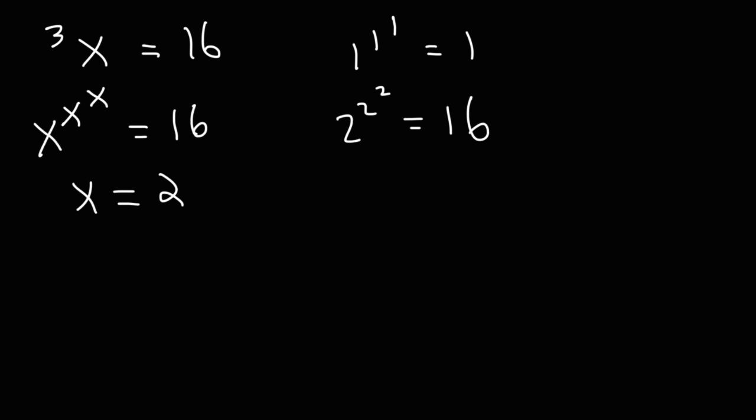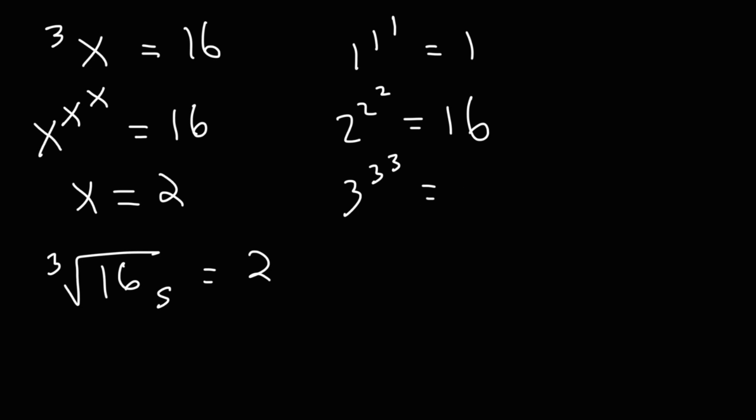Now, the inverse of this, the supercube root of 16 is 2. You could also say the 3rd super root of 16 is 2. Let's say if we have 3 to the 3rd to the 3rd.